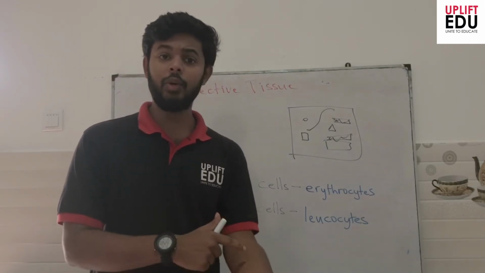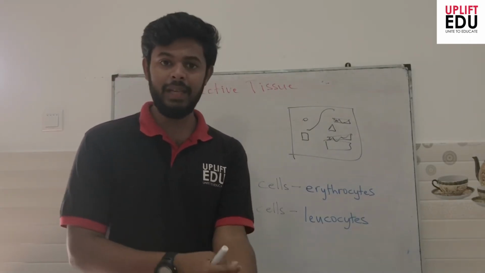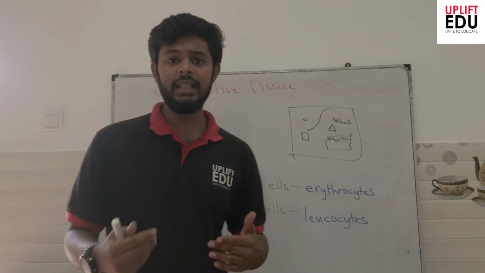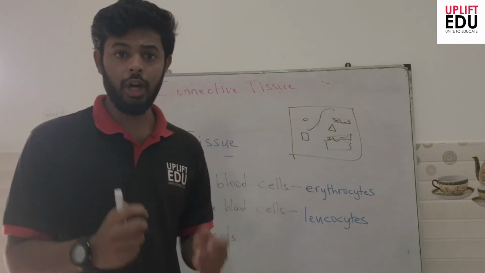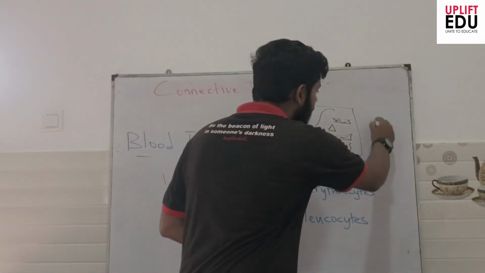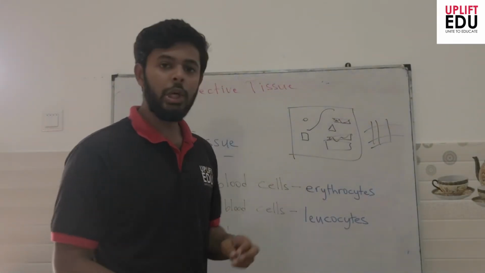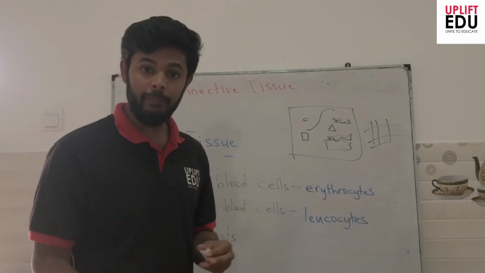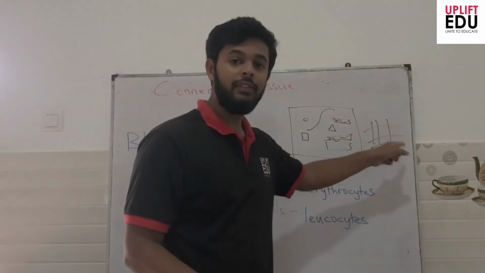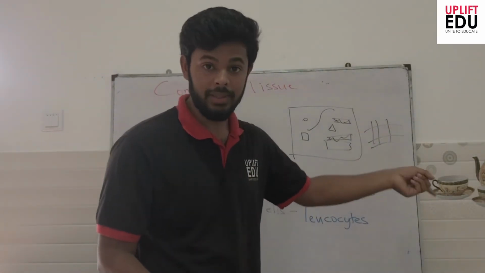Whenever we have a wound on our hand, we see bleeding, and after some time the bleeding stops automatically due to the formation of a clot-like structure. This clot forms due to a special substance called fibrin, and this fibrin is what we call blood fibers.